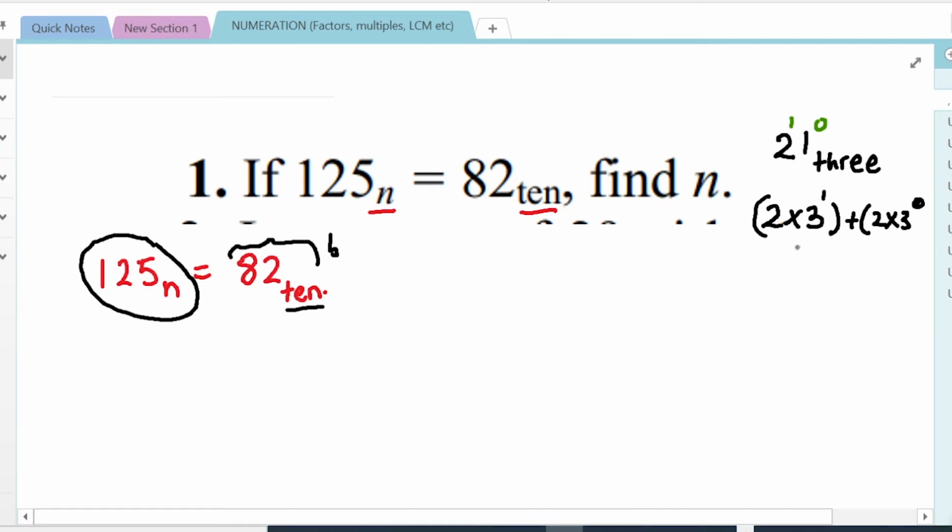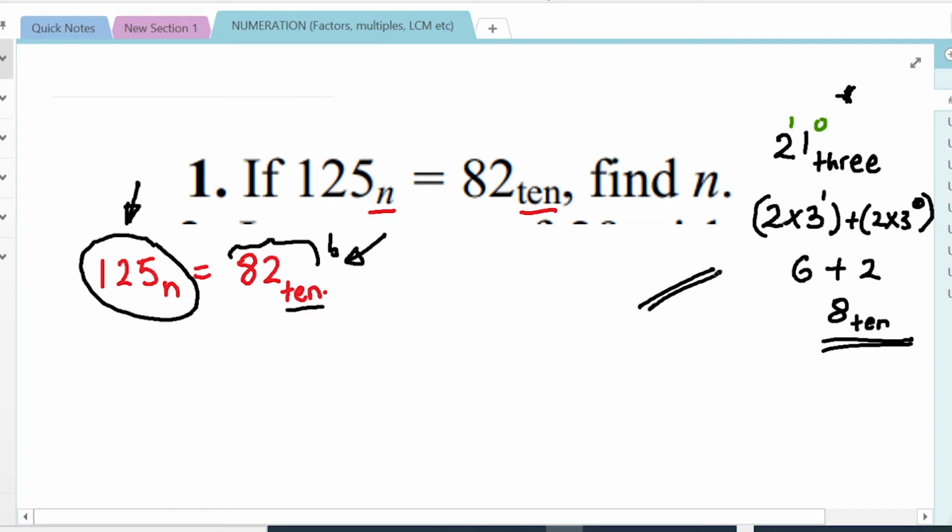That's how you convert that to base 10. So this becomes 6 plus 2, which means this becomes 8 base 10. This is how we convert numbers from other bases to base 10. So this is what we are going to do. Since this side is base 10, let's convert this also to base 10 using that approach.